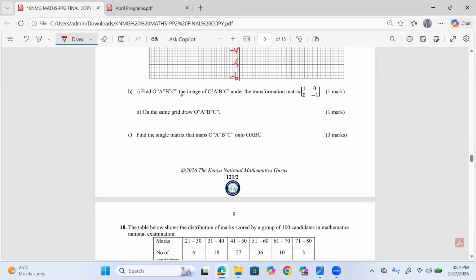So we need to have it start with the matrix here. So it's 1, 0, 0, -1, like that. Then what are we multiplying?